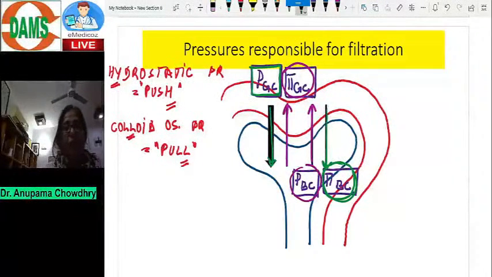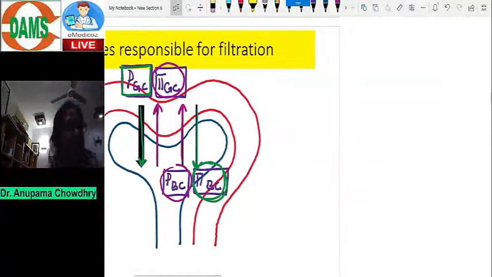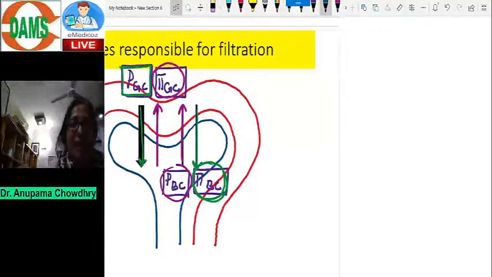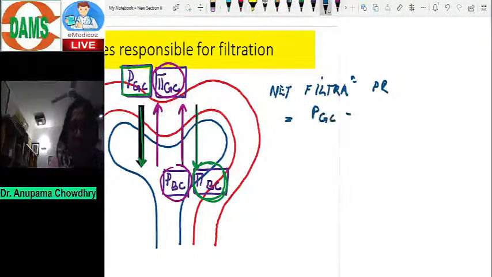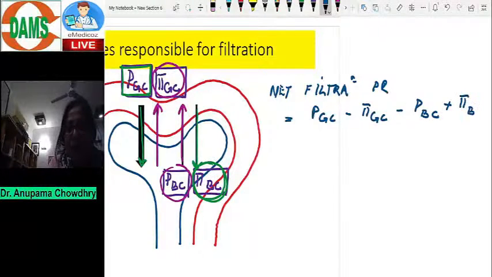The ones which are favoring filtration will be written with a positive sign. So what is my net filtration pressure? Let's see the net filtration pressure. The net filtration pressure is going to be PGC minus pi GC minus PBC plus pi BC.